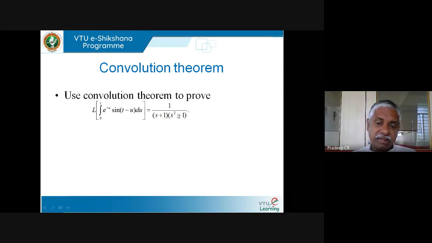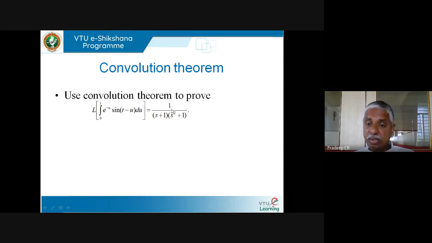You see what this right hand side is, 1 by (s plus 1) into (s square plus 1). Observe that I can write this as a product of two functions such that the inverse Laplace of each of them is easy to find. That means I can write this right hand side as a product of Laplaces of two functions very easily.